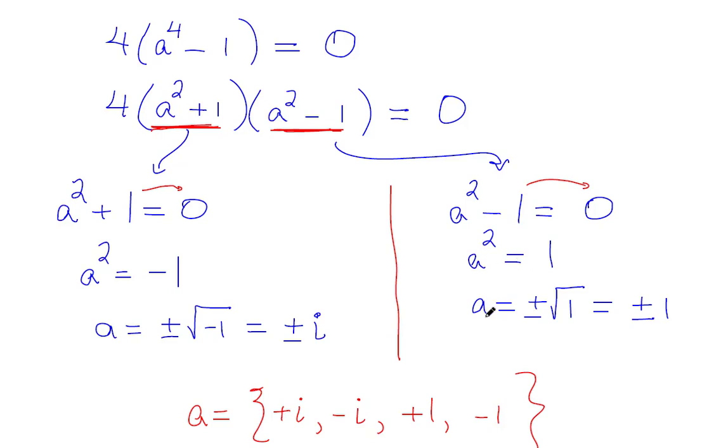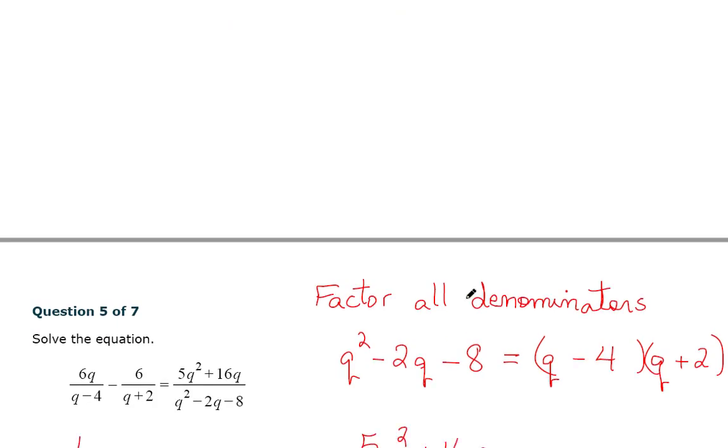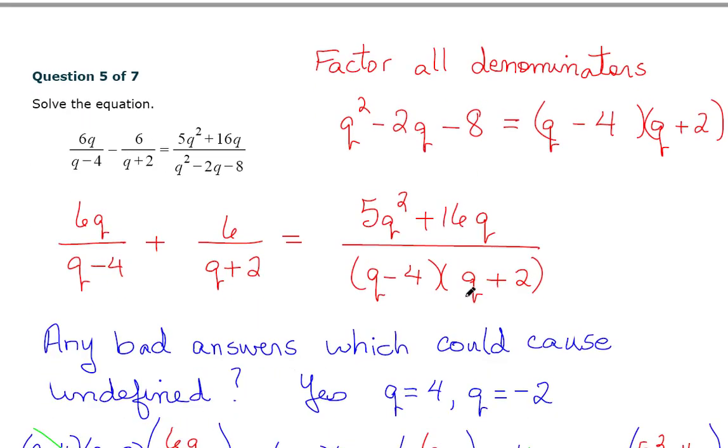And so I get a is plus or minus the square root of 1, but the square root of 1 is just 1. And so my solution set consists of plus i, plus 1, minus 1. 4 possible solutions.